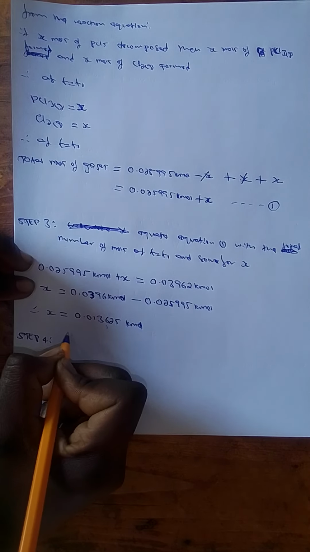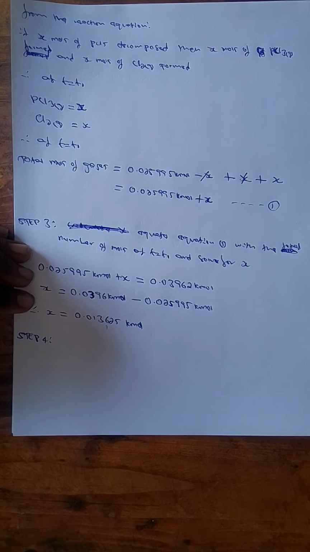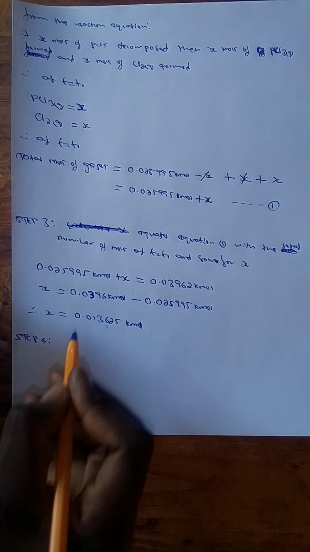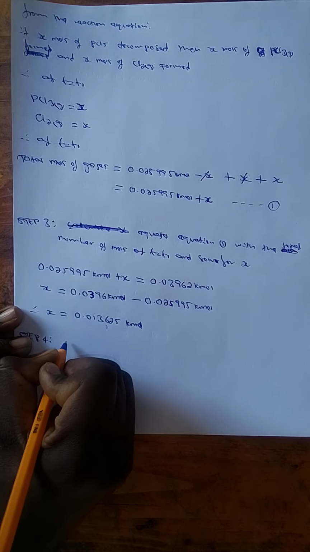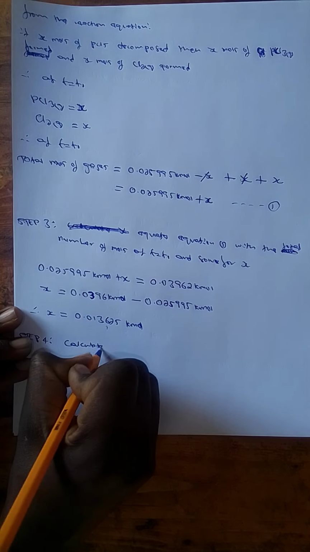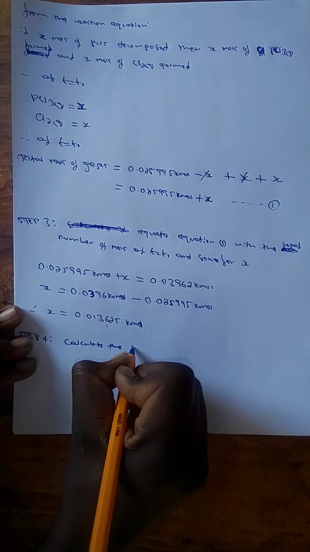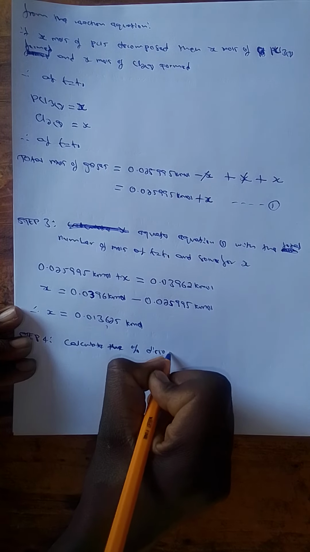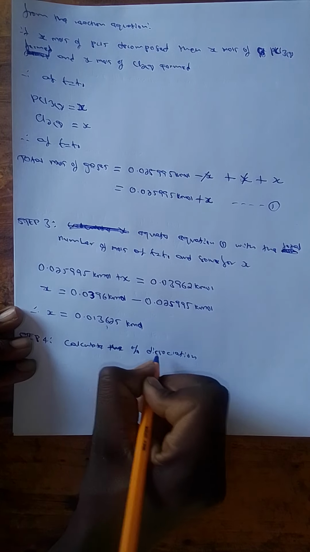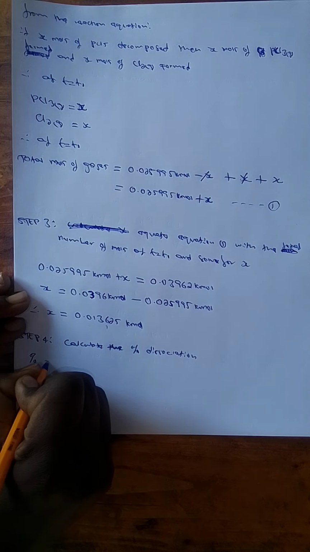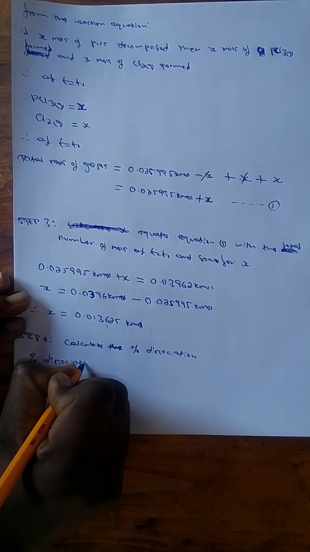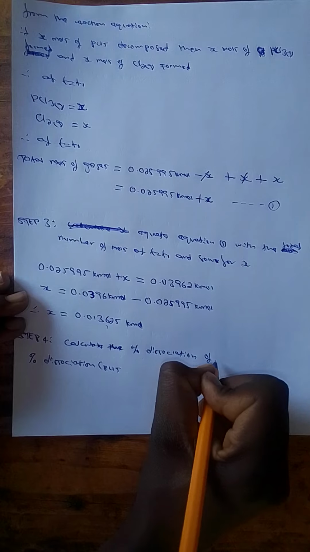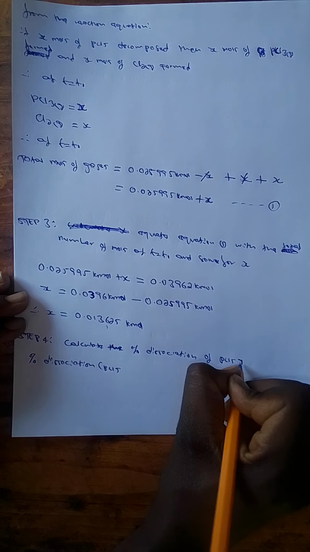Step 4. Now in step 4, we're going to answer the question. The question says calculate the percentage decomposition. Now that we have all the information we need, we can simply calculate the percentage dissociation of PCl5 gas.